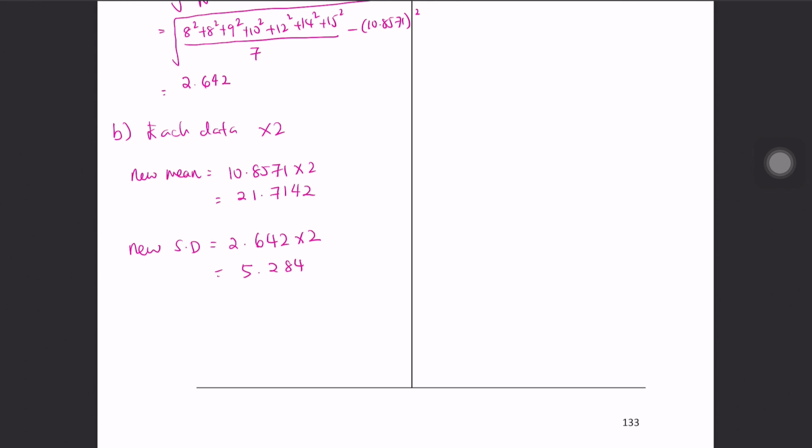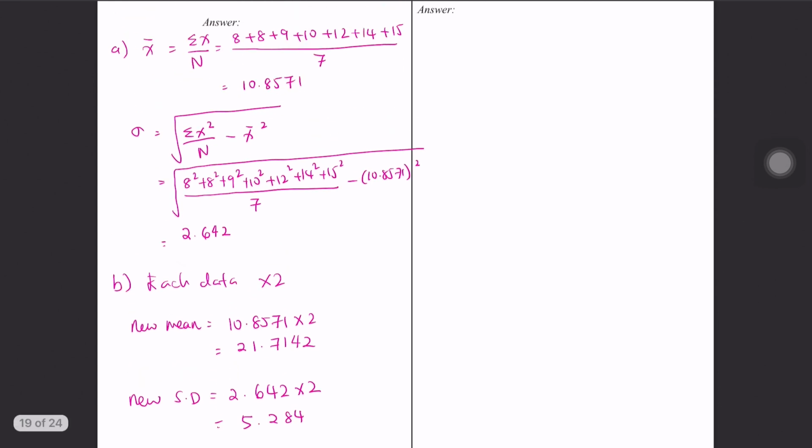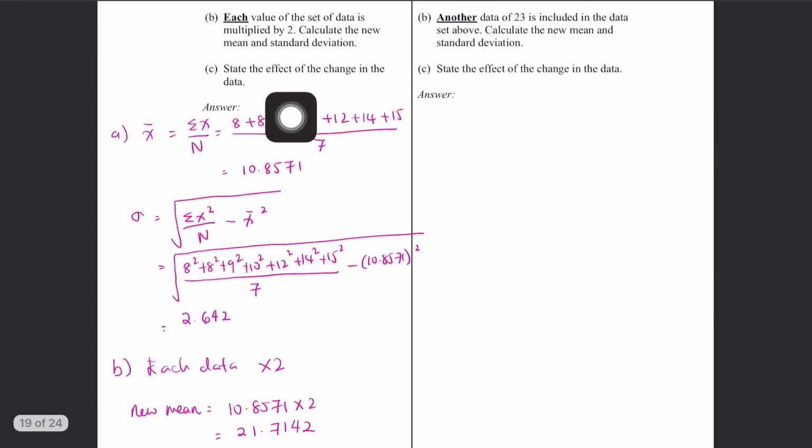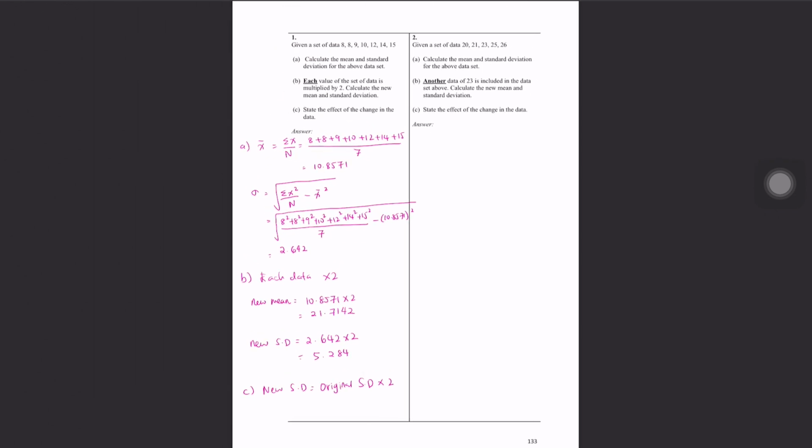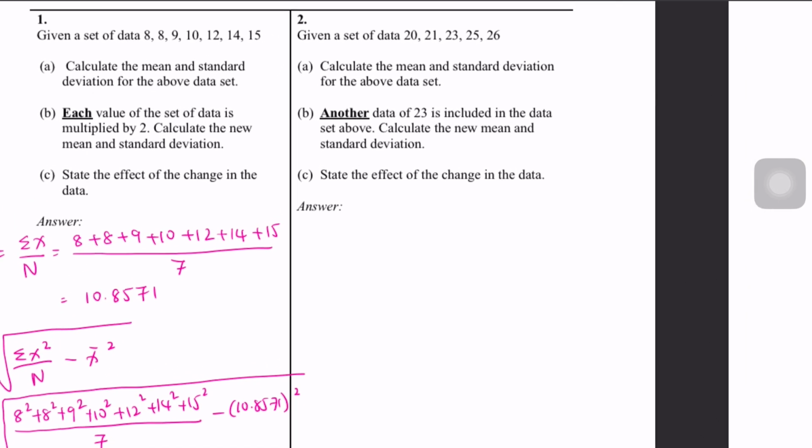C. State the effect of the change in the data. It's the same: we know the new standard deviation is equal to the original standard deviation times 2. Okay?